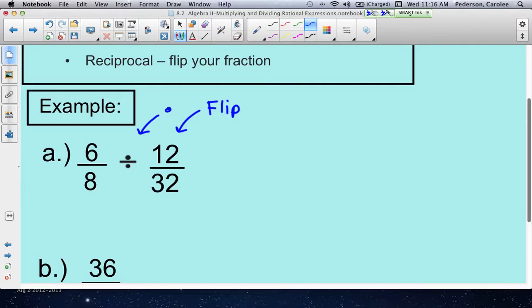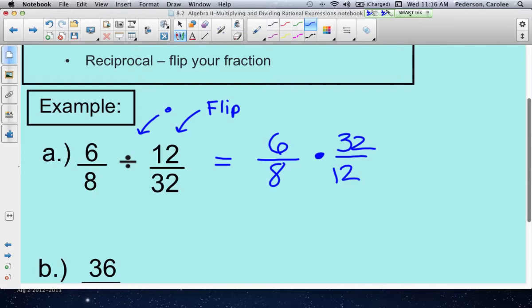So you can remember it as keep, change, change. So 6/8 is going to stay, it's going to keep. And I'm going to change the division symbol to multiplication. And then I'm going to change that 12/32 to 32/12.